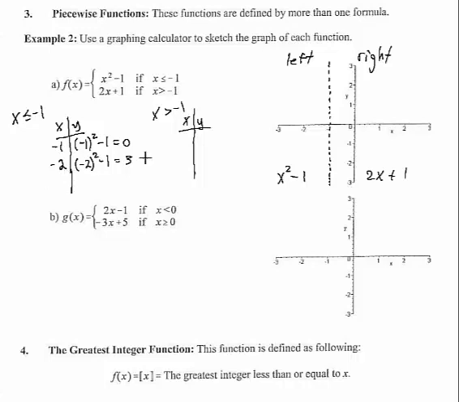So let's plot these 2 points first. I've got a negative 1 and a 0. And notice that I put a solid dot because if you look at the inequality, we do have an equal to bar there. So I can insert into the x squared minus 1 exactly negative 1.